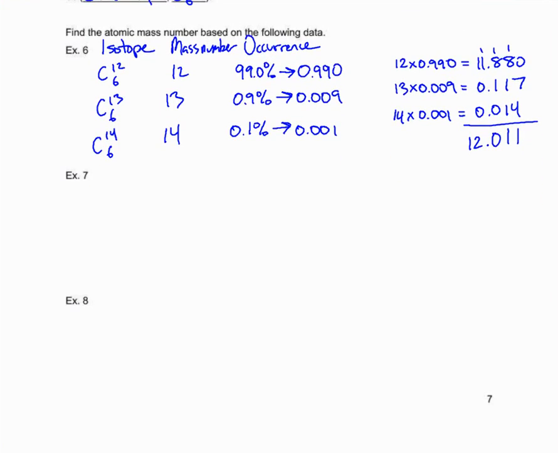Same idea, we could look at neon 20, neon 21, and neon 22. Their mass numbers, we have 20, 21, 22.